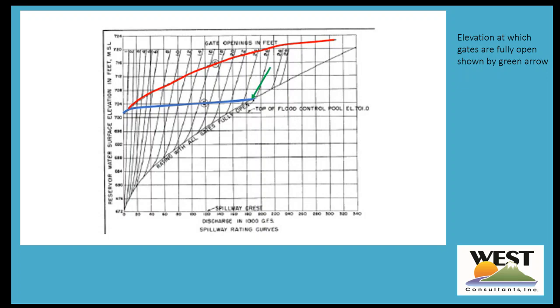And finally, you also need to consider what's happening upstream. We do tend to think about the flooding that's occurring downstream, but when you get to these high pool elevations, you also have to take into account the people who are living around the lake, and also the backwater impacts that can be created from a high pool elevation and how that's going to affect people upstream of the lake. So those are some of the considerations that need to be taken into account when making the determination on those 2 points.